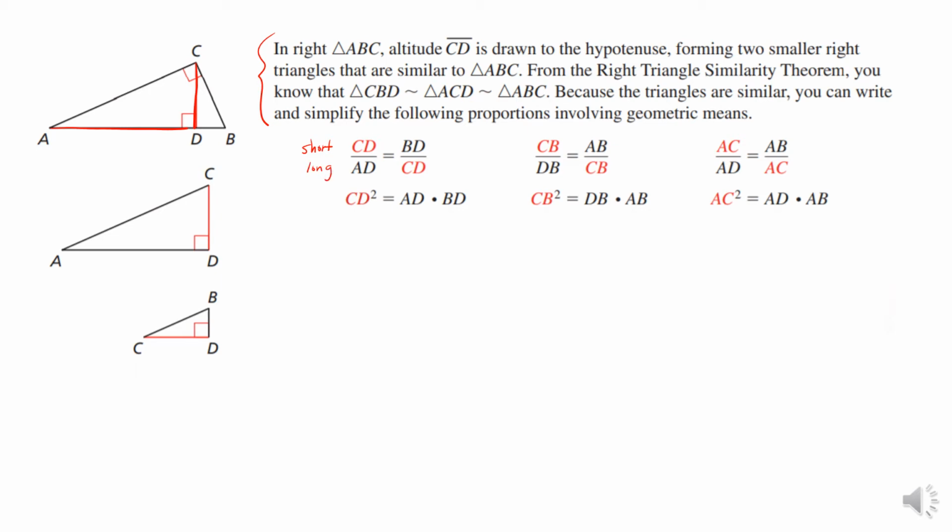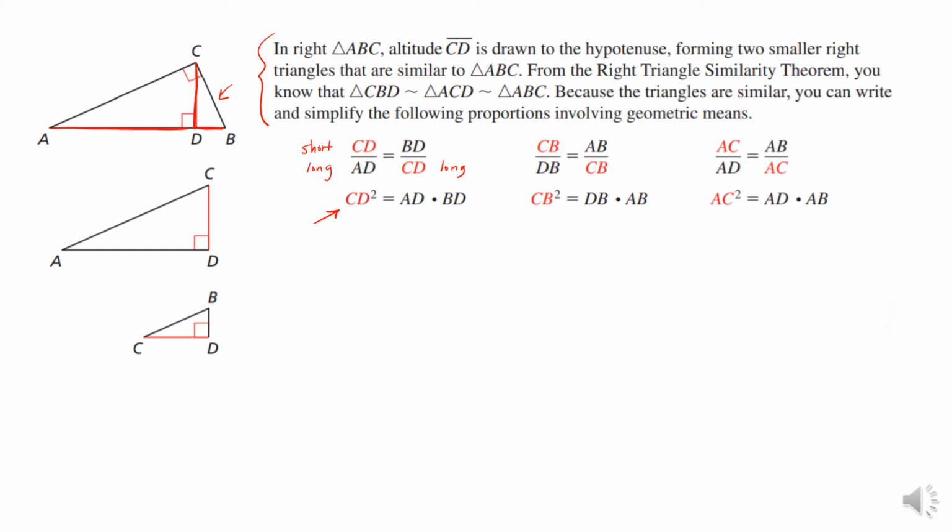Now, when you set up a side to be the geometric mean, it has to be the long leg in the other triangle. And sure enough, for this triangle, CD is the long leg, and BD is the short leg. And now we've set them up so that we could solve if we were given three of those pieces. And you can see here, it gives you one of those formulas that we just went over. Now for this one, this is the altitude, so this would be the altitude theorem. But I like doing it this way anyway.